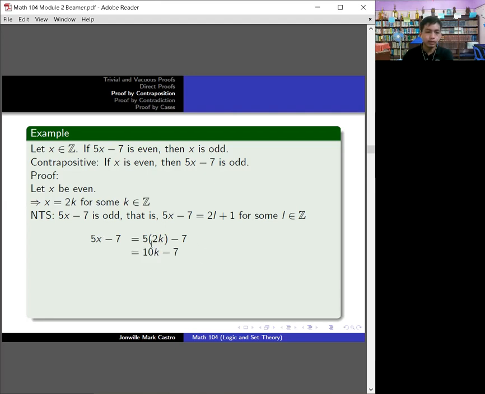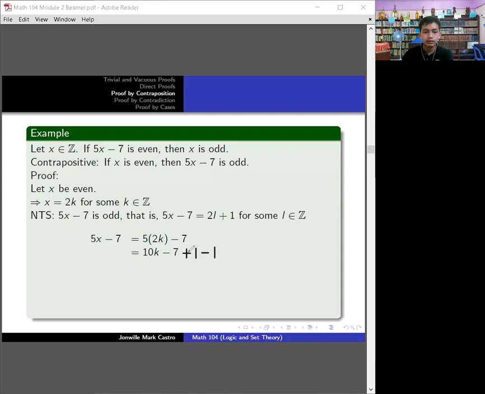Then multiply. We have 10k minus 7. Then, maghihiwalay tayo ngayon ng plus 1 or magdadagdag tayo ng plus 1. Kapag nag-plus 1 ako, magma-minus 1 din ako. So, essentially, nagdagdag lang ako ng 0.